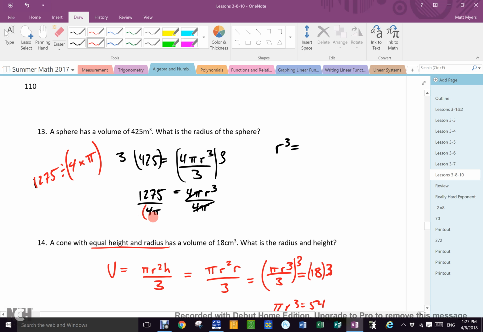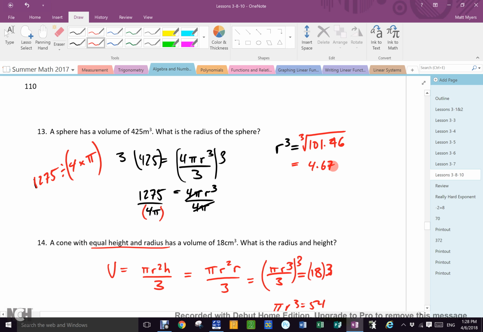If I remember the brackets, it gives me the right answer. And it gives me R cubed to be 101.46 or some such number. And then how do you get rid of a cube? You cube root. Now, a lot of you can't do that in your calculator. And if you did do that in your calculator, you'd get something like 4.67, which is fine.